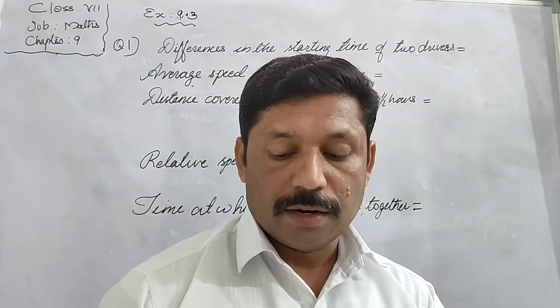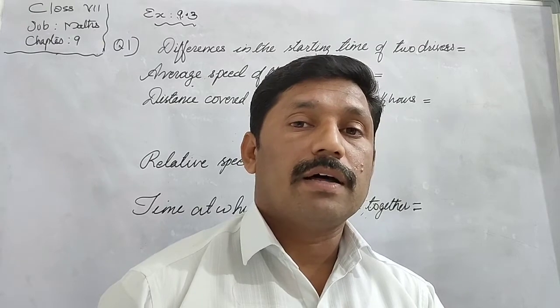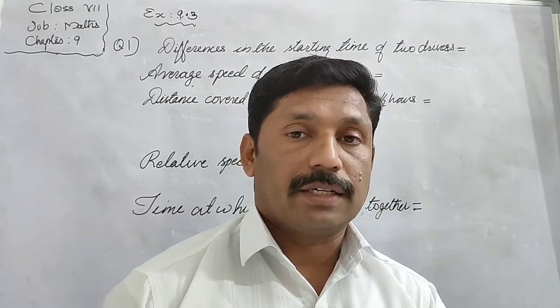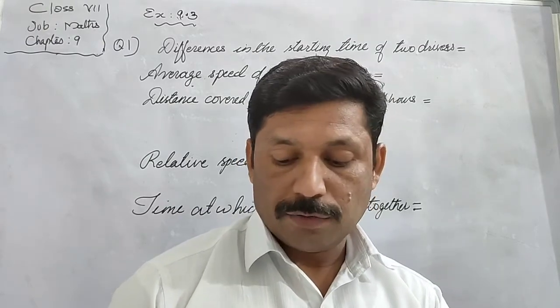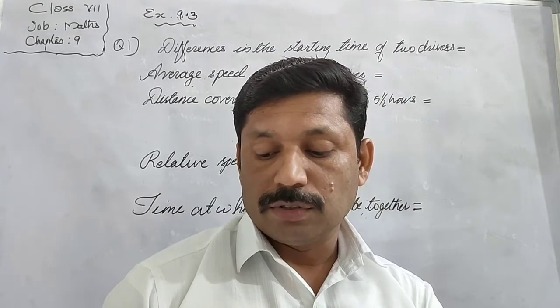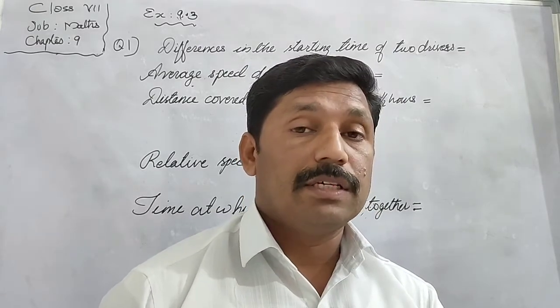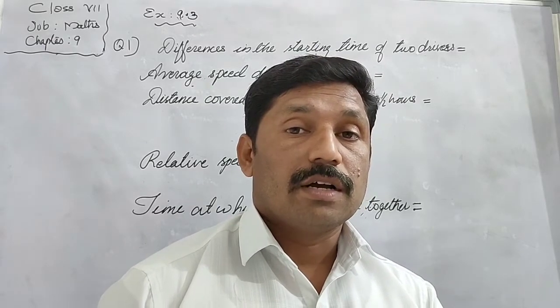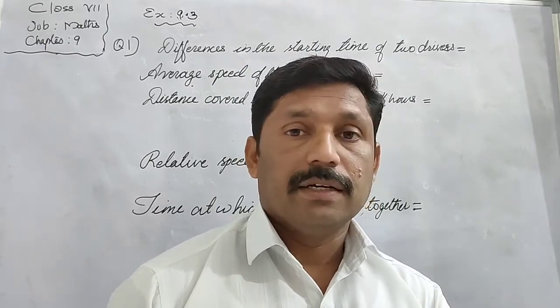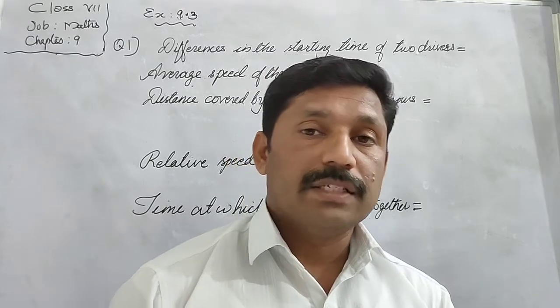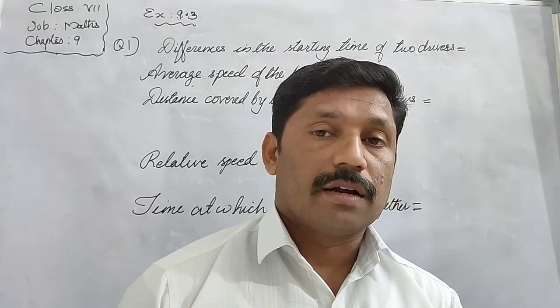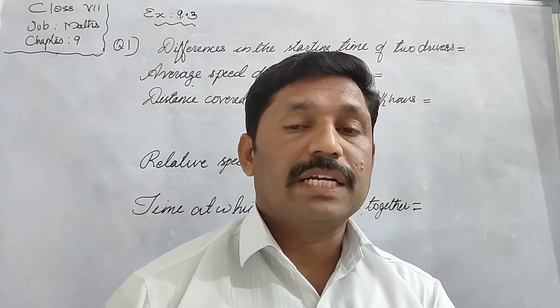So students, here we want to find the relative speed. They are moving in the same direction. Relative speed we have to find out, and the time we have to calculate, the time at which they will meet. Time is equal to distance by speed. Here relative speed is not given; their average speeds are given.